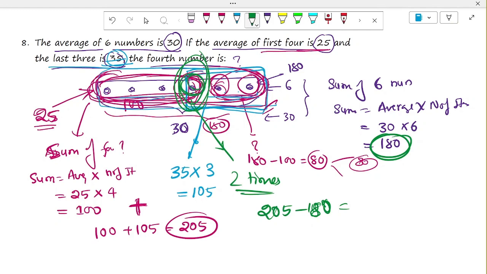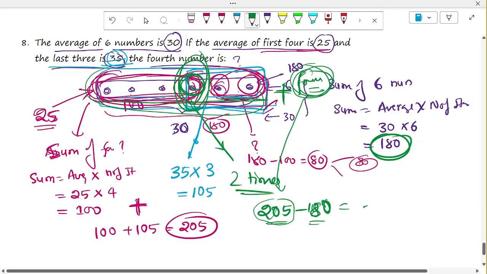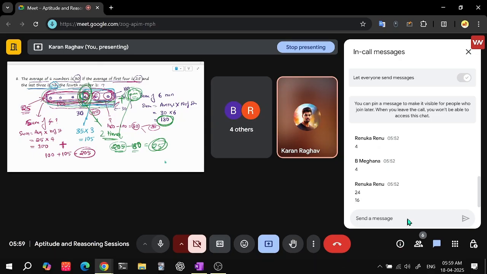It is like you are adding all the six numbers once plus the fourth number once again. So the six numbers plus the fourth number gives you 205. Now to find this number, you can just subtract both and you are going to get 25 as the answer.